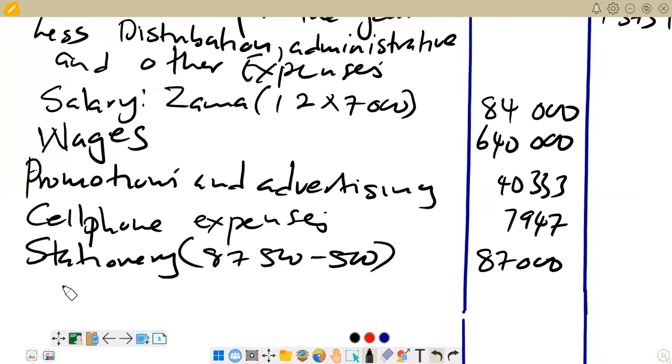We have refreshments, which is 15,000. And let's check the other one at the end there.